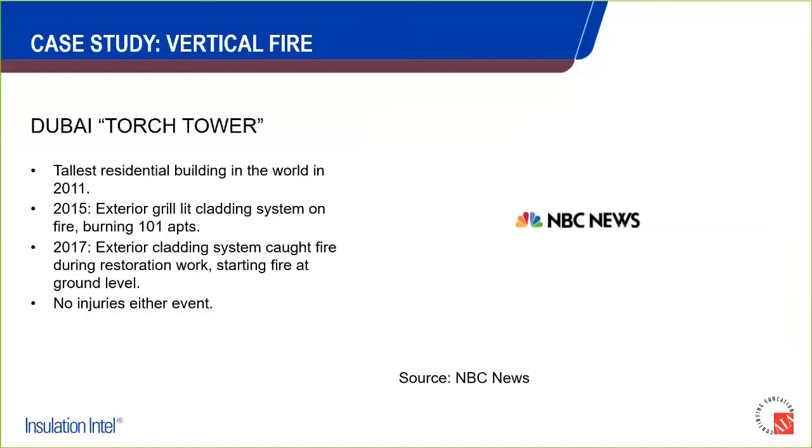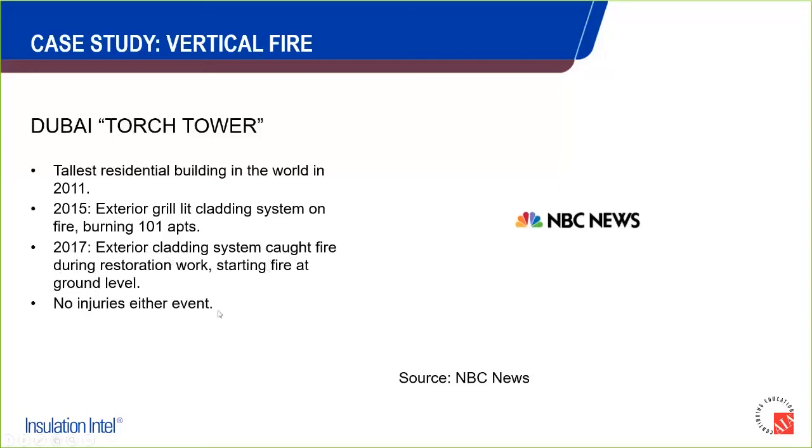It actually burned 101 apartments, removed that exterior cladding system, and with it cascading down to the streets below. And then, unfortunately, it actually lit itself up again. I'm not completely aware of the trigger in 2016. I assume it was something welding related, but in 2016, it caught fire during restoration work as well.